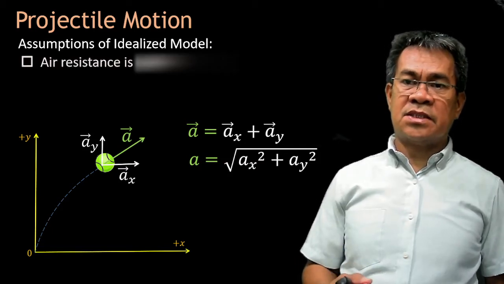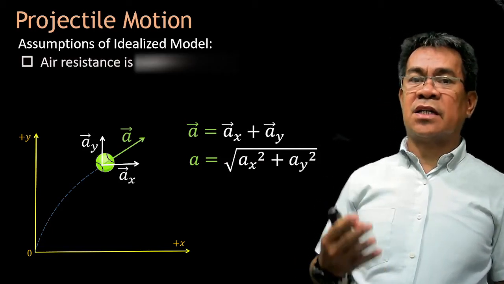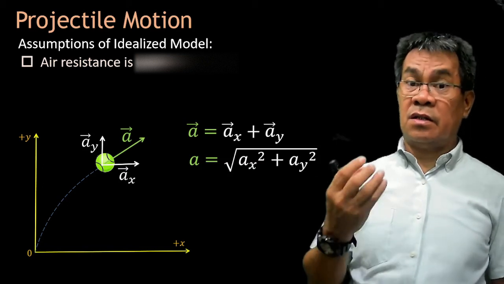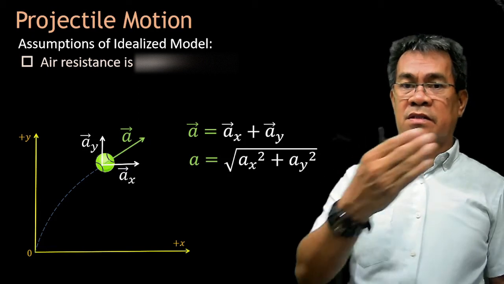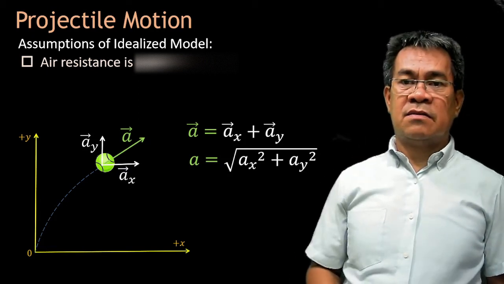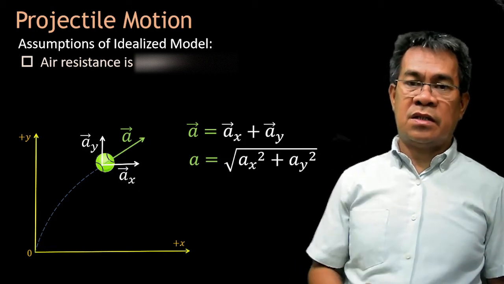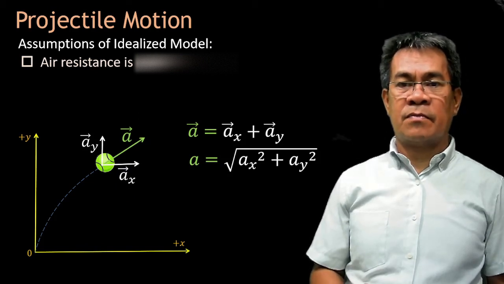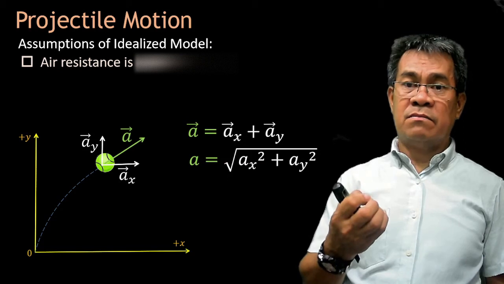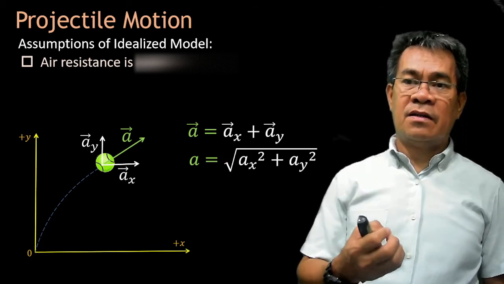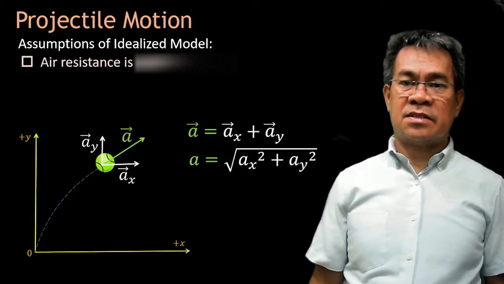Okay. Now, for the idealized model, we have some assumptions to be established. The first is that air resistance is negligible, which means that the friction of the air while the particle travels should be neglected, so the particle must move with negligible air resistance.